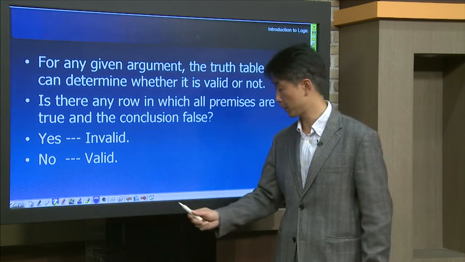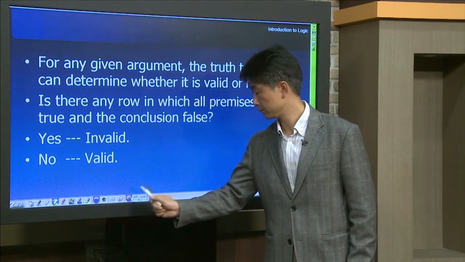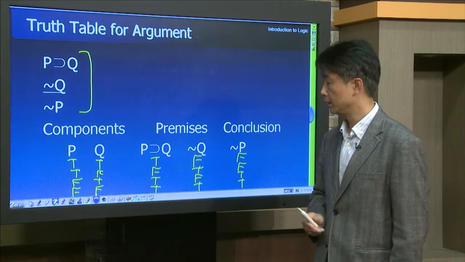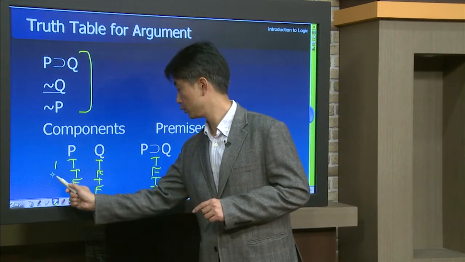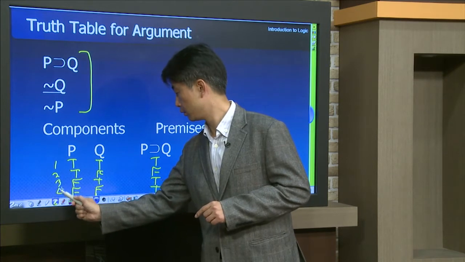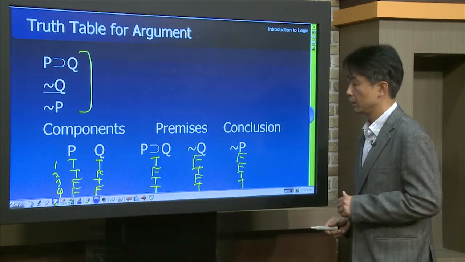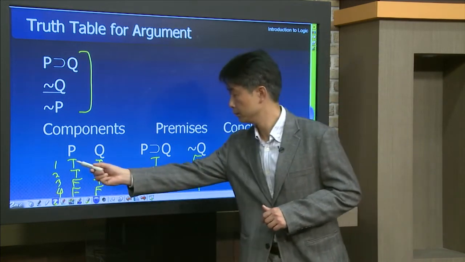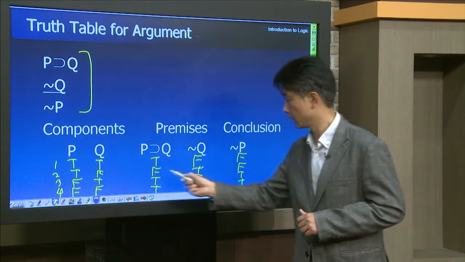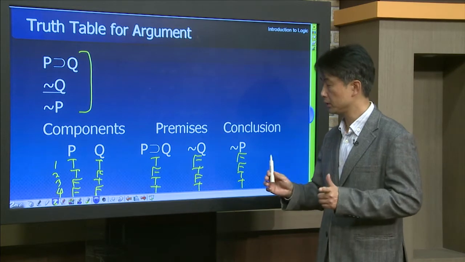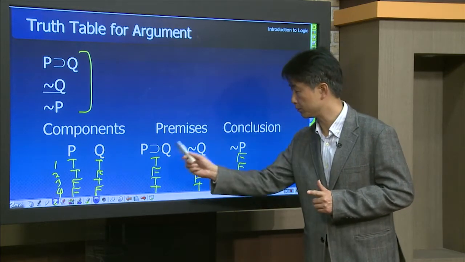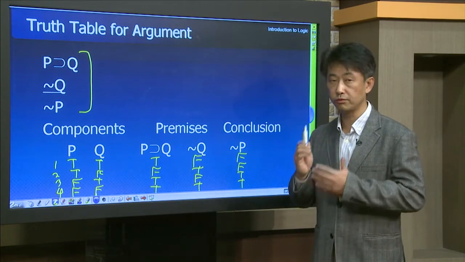Let's go back to the previous example and ask ourselves, there are 4 rows here. 1, 2, 3, 4. Okay? Is there any row in which all the premises are true, there are 2 of them, and the conclusion false?